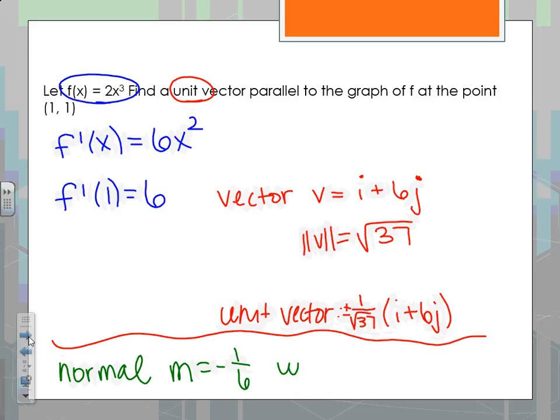And so our unit vector in that case will be plus or minus 1 over radical 37 times, you could say, like 6i minus j, or negative 6i plus j. If it's a negative slope, one of them would have to be negative, and then this plus or minus would account for the opposite direction.